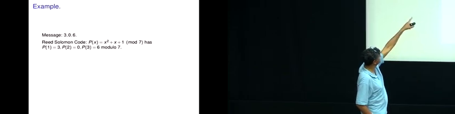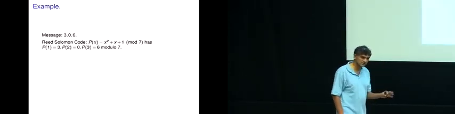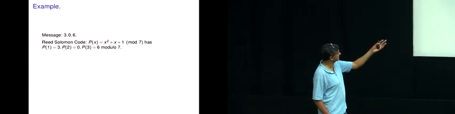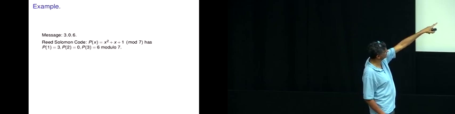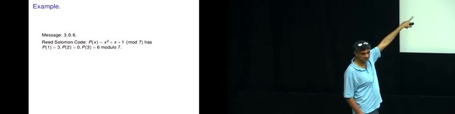P of 2 is equal to 0, that's the second packet, and P of 3 equals 6, which is the third packet. So this is a valid encoding of this message. If you plug 1 into x squared plus x plus 1, you get 3, like you're supposed to.